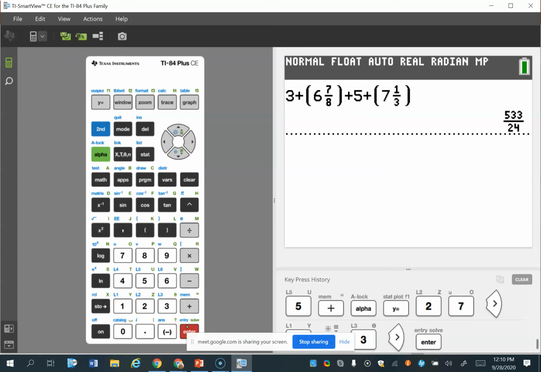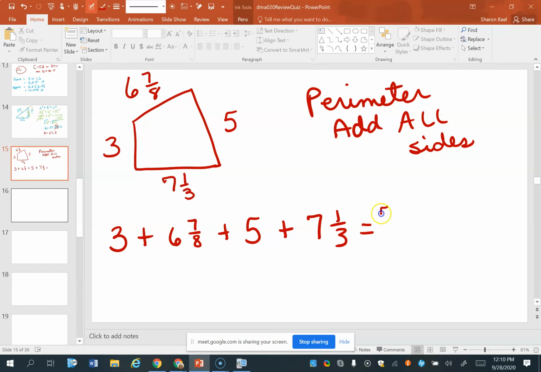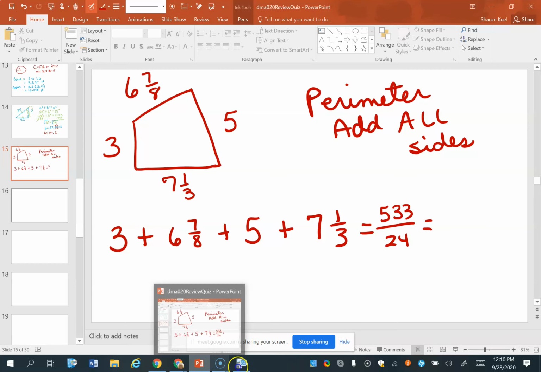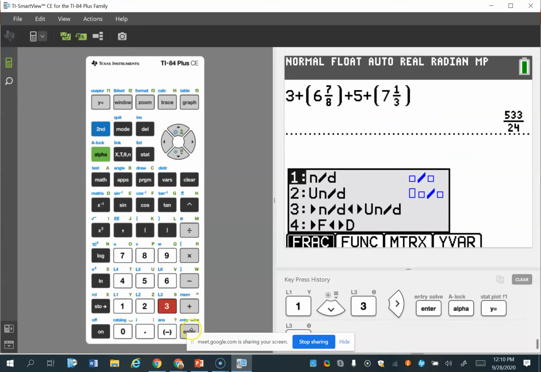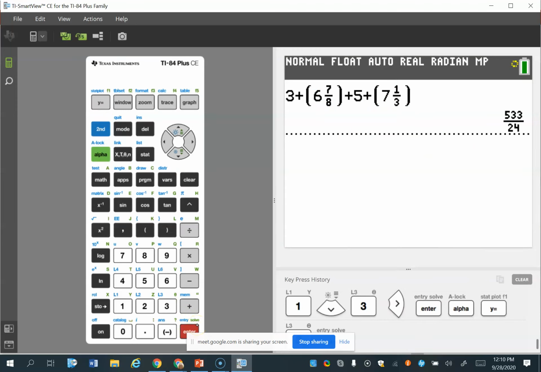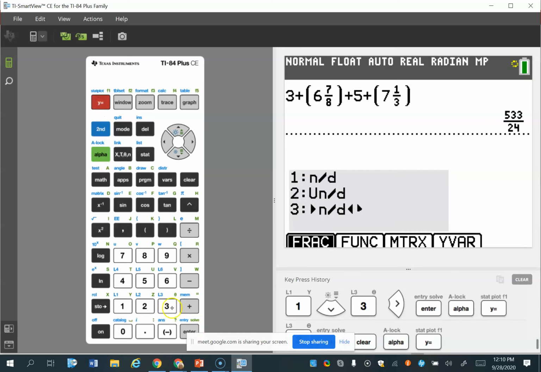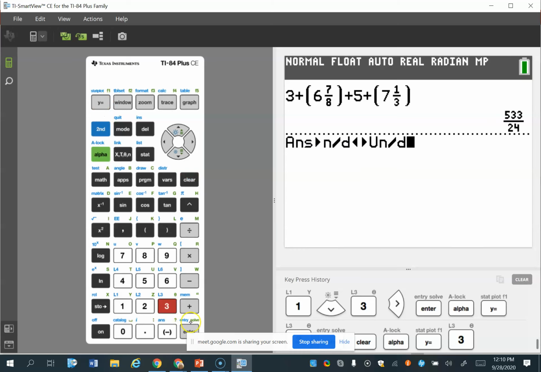We get our improper fraction of 533/24. And then we're going to convert by doing alpha y equals, choose number 3. And that gives us 22 5/24.